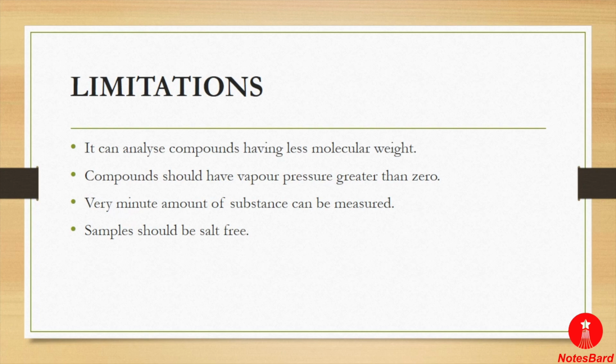So this method cannot work with a large amount of substance to be separated. Another limitation is that the samples to be separated should always be salt free, and should not contain any ions. So these are the limitations of this method.